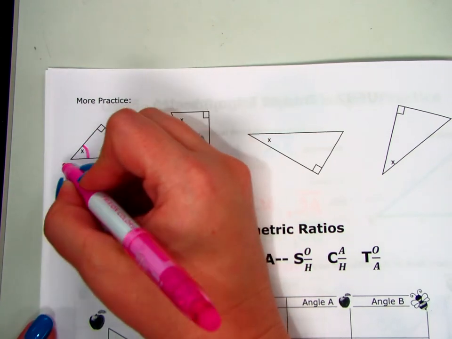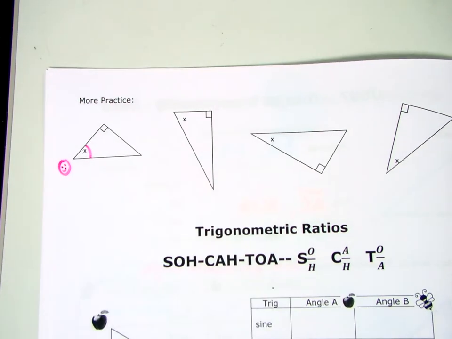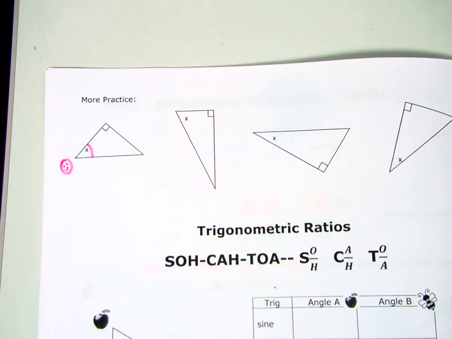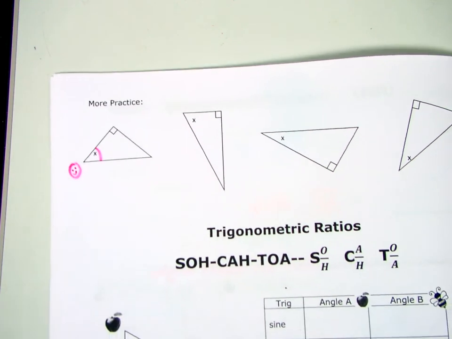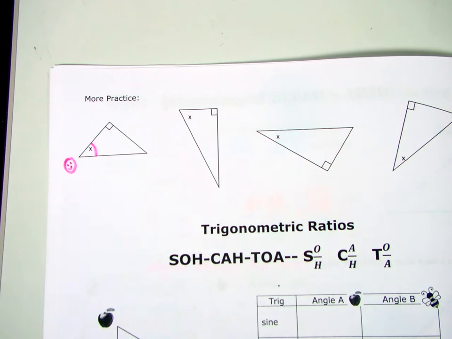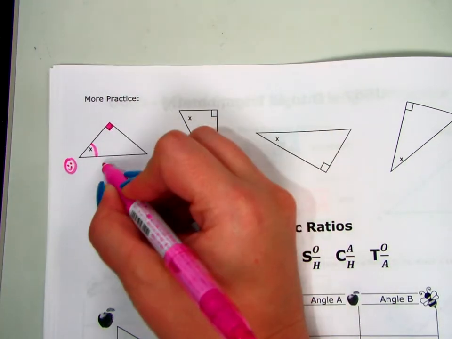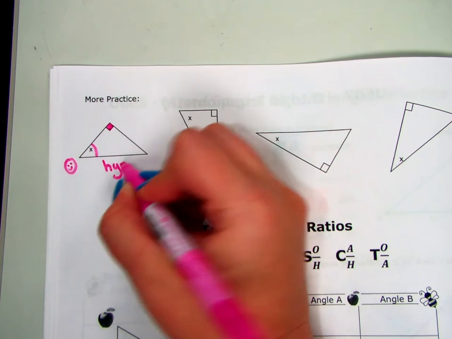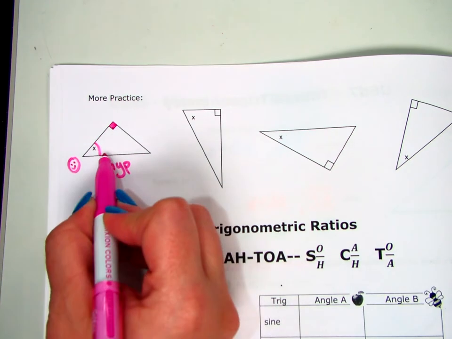The first thing you want to do every single time is identify the angle. What I'll usually do is put a smiling face, and depending on how creative I'm feeling, sometimes I'll even add some hair and a body. So that's the angle I'm at. Then, because it never moves, I identify the right angle and look at the side across from it and say that's my hypotenuse. So I always label the angle first and then the hypotenuse.